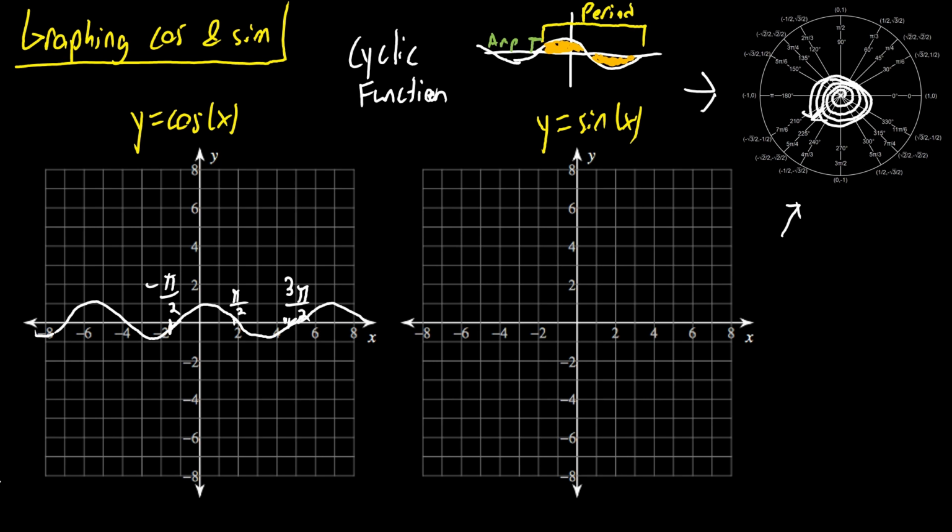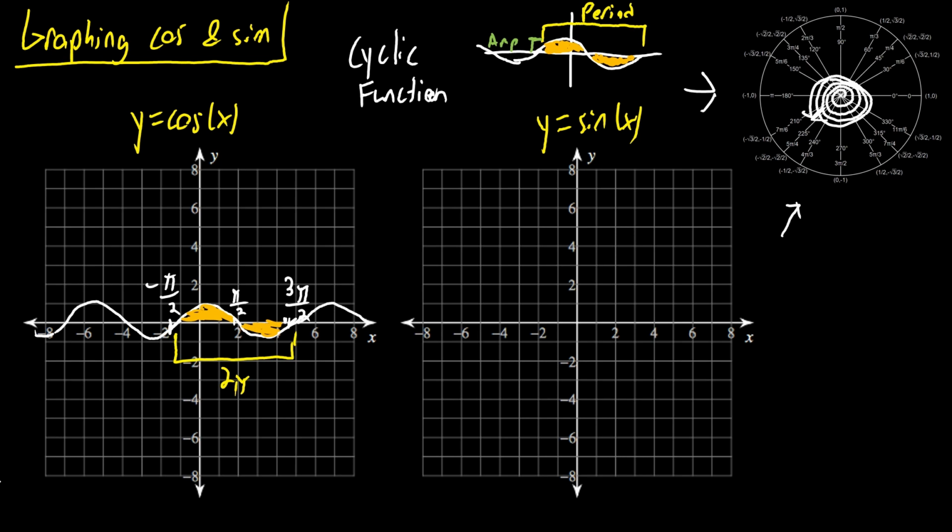Okay, so what is the period over here? Remember, a period is the distance of a full cycle. So that's half a cycle, and this is a full cycle. So we can come down here, label this period. This period is from negative pi over 2 to 3 pi over 2, which is just 2 pi.